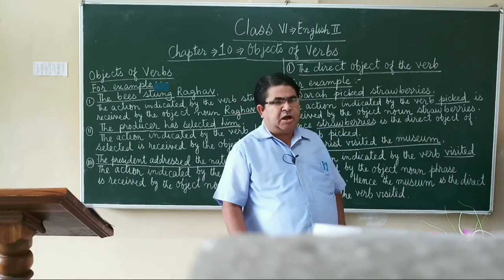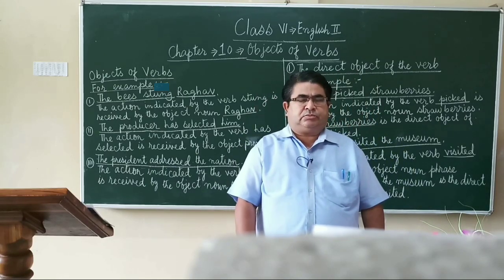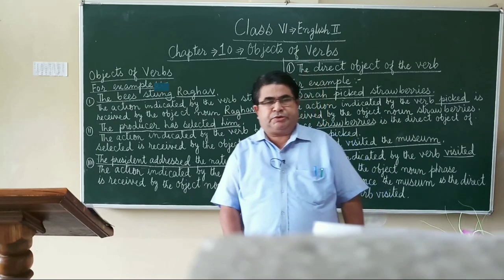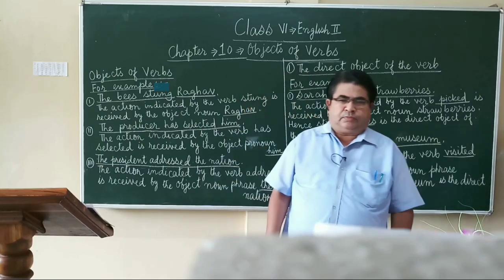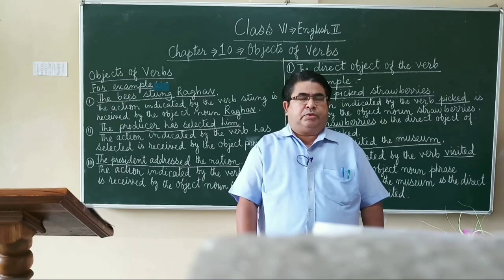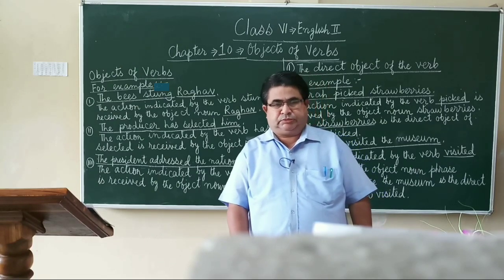Children, let us come to the main topic of the class, objects of verb. Very often we are confused about the concept about objects of verb, but it is very easy if we know the rules.